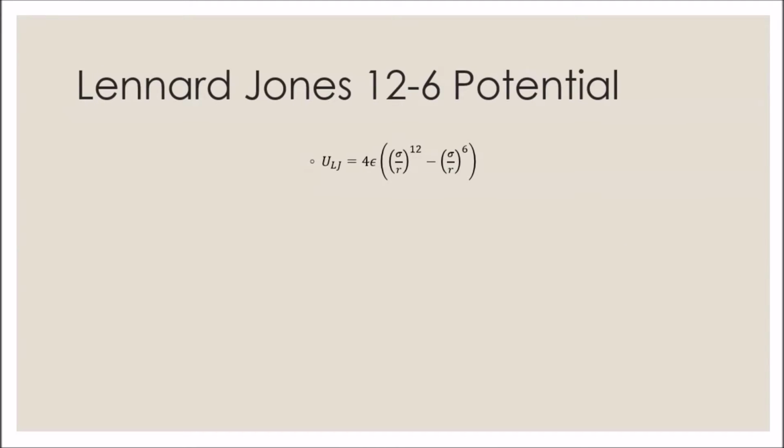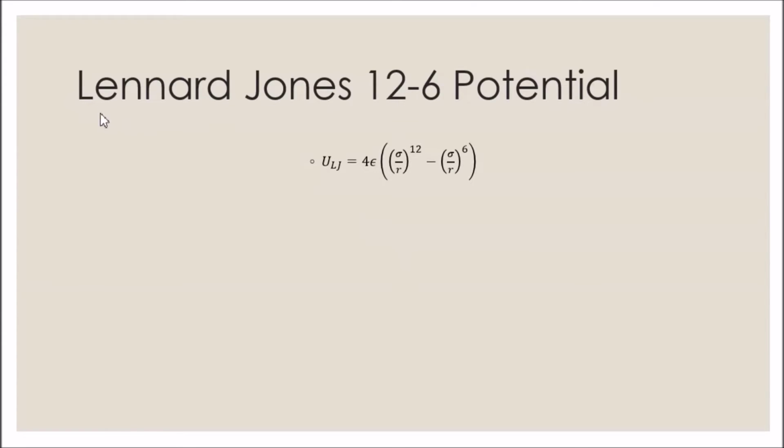A 12-6 potential basically means that the power of sigma by r is 12 and the other is 6. So here in this expression, epsilon gives a sense of the bond energy between two particles, and sigma gives a sense of bond length, and r is basically the distance between the two particles.